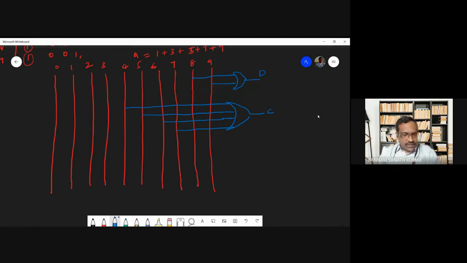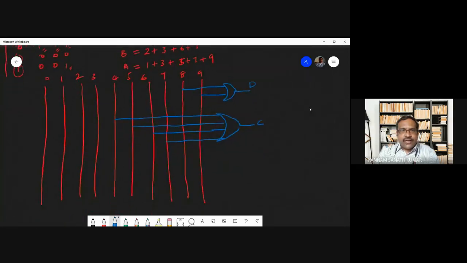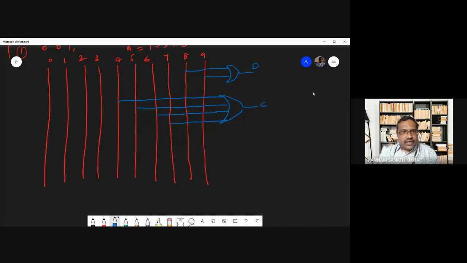So this is nothing but C. And now what is B? B is nothing but 2 or 3 or 6 or 7. So this is 2 and this is 3, 6 or 7, connected with an OR gate, and this is nothing but B.